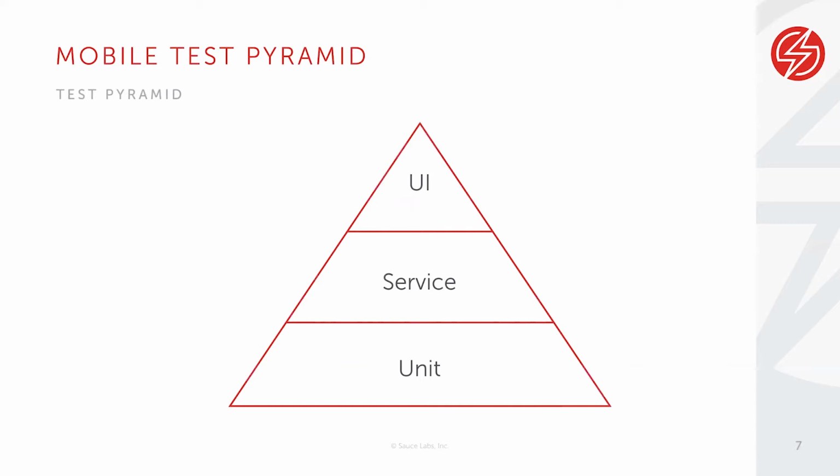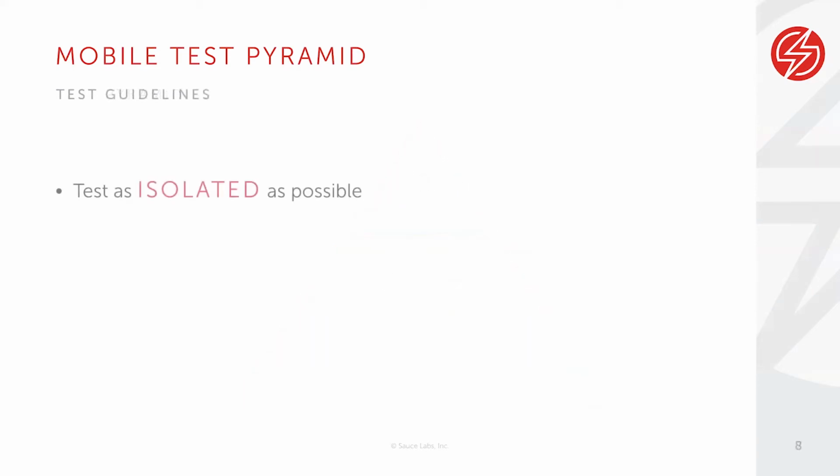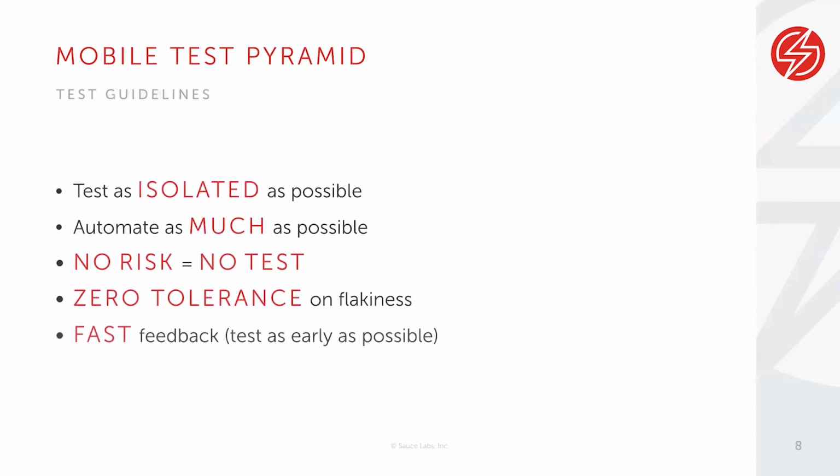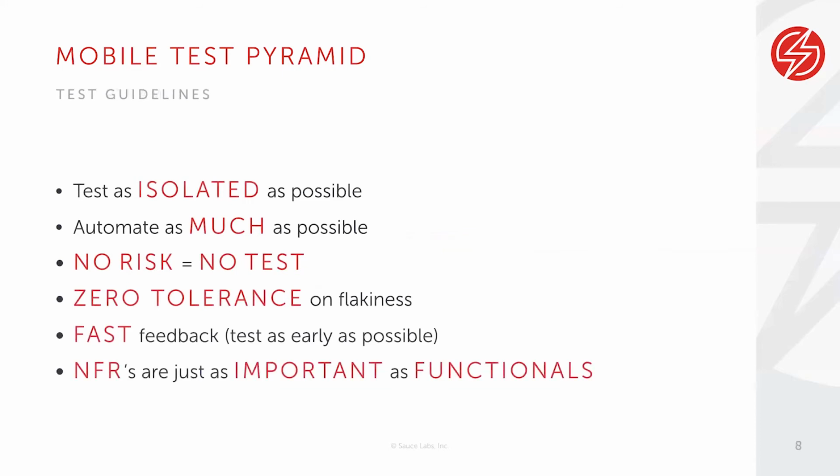But before we're going to dive into the mobile test pyramid, we need to set some guidelines. The following guidelines are very generic, and I think guidelines everybody should keep in the back of their mind. Try to test as isolated as possible, so try to limit the disturbance of environmental issues. Automate as much as possible.